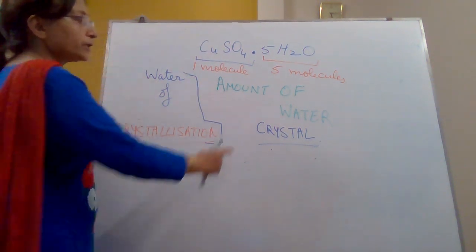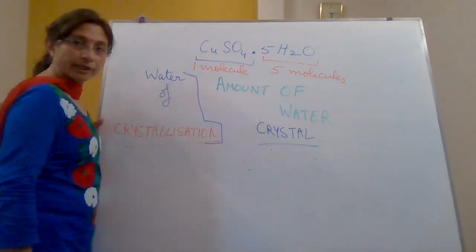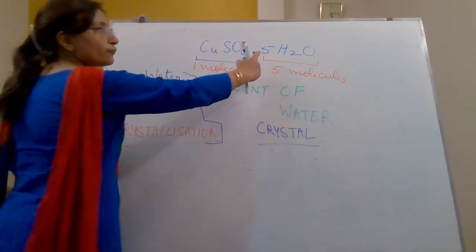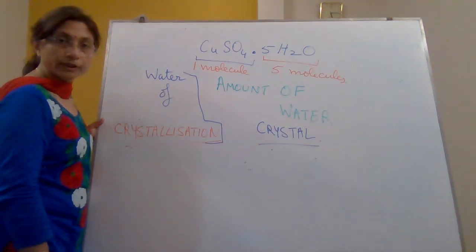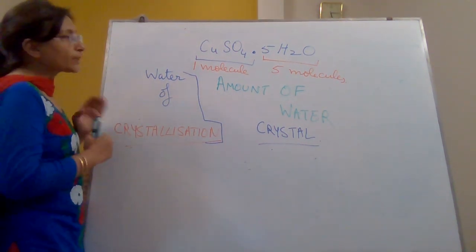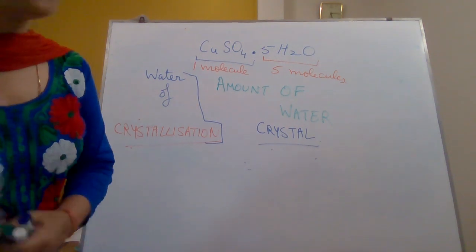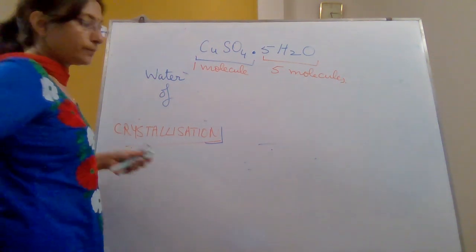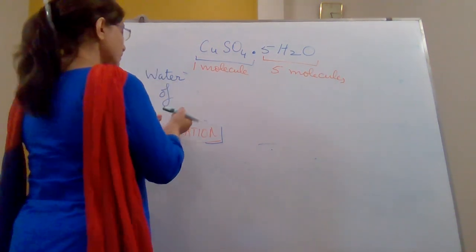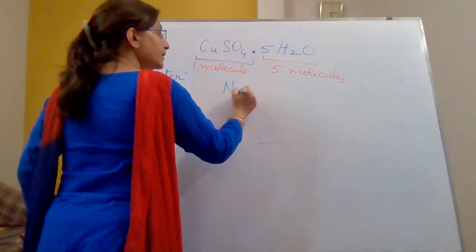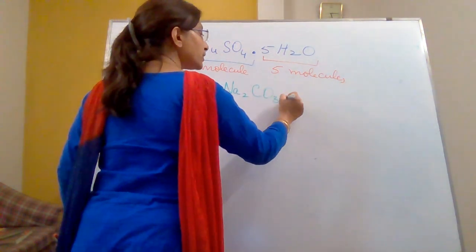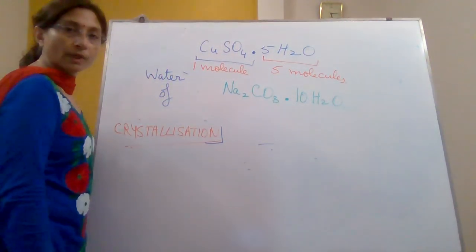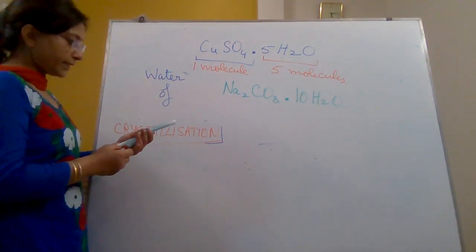That means in the crystal of copper sulfate, each copper sulfate molecule is attached with 5 water of crystallization molecules. Another example, let us have the example of Na2CO3·10H2O. ठीक है? Now what does that mean? इसका क्या मतलब?